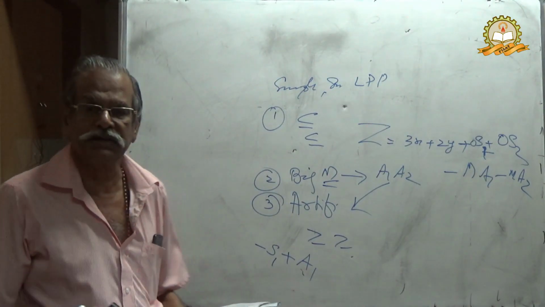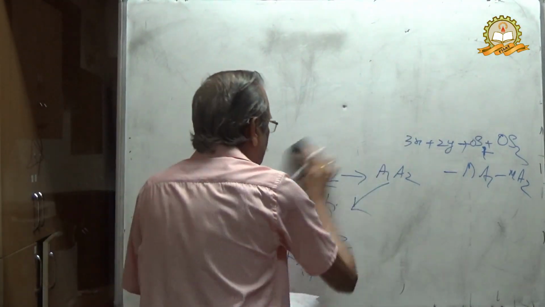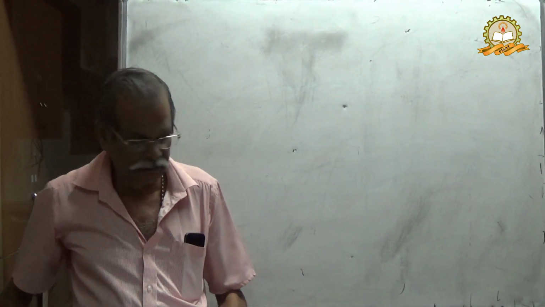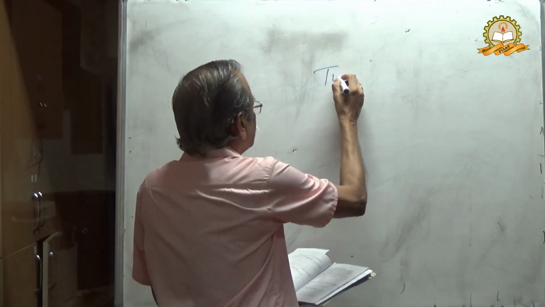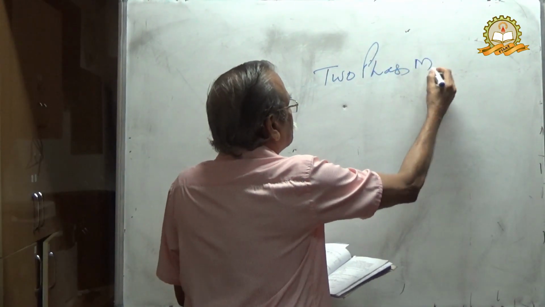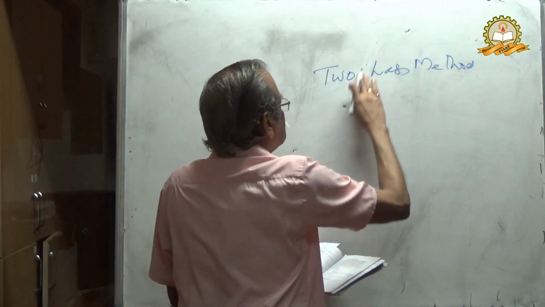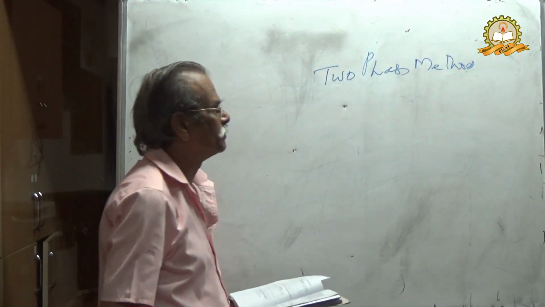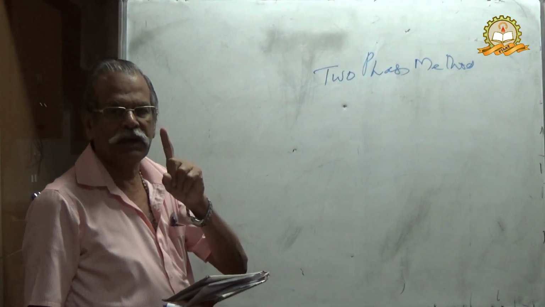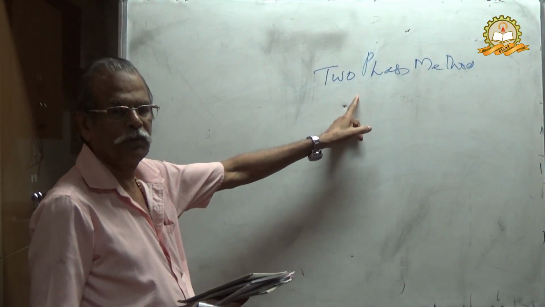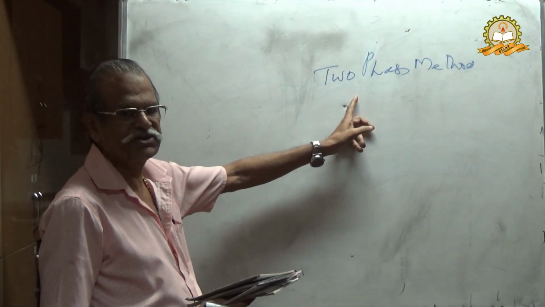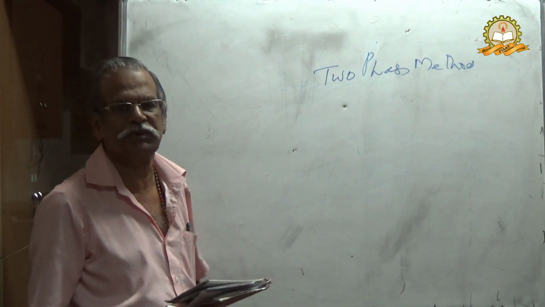Now we go for another simplex method, which is called, as told yesterday, the two phase method. For the last 6-7 years, they have asked only once to do the problem by applying the two-phase method.